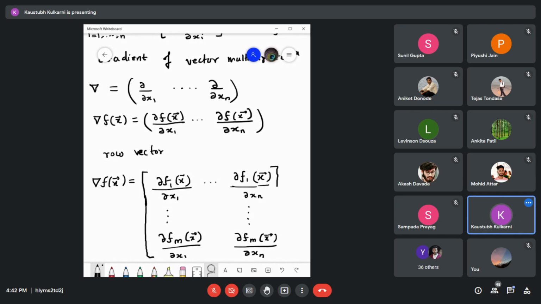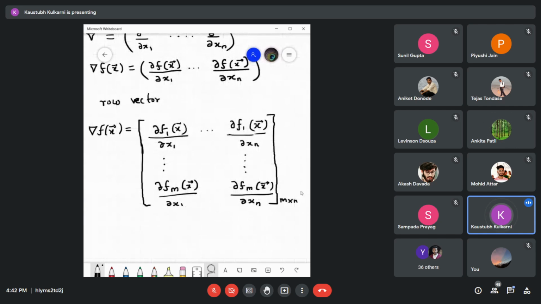So this entire thing is a matrix of m rows and n columns, and this matrix is called the Jacobian matrix. Hence sometimes the gradient operator, when applied to a vector multivariate function, is denoted by an operator J to indicate the Jacobian matrix.